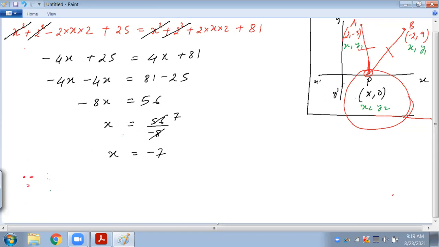Therefore the required point is x comma 0. X we got minus 7. So minus 7 comma 0.